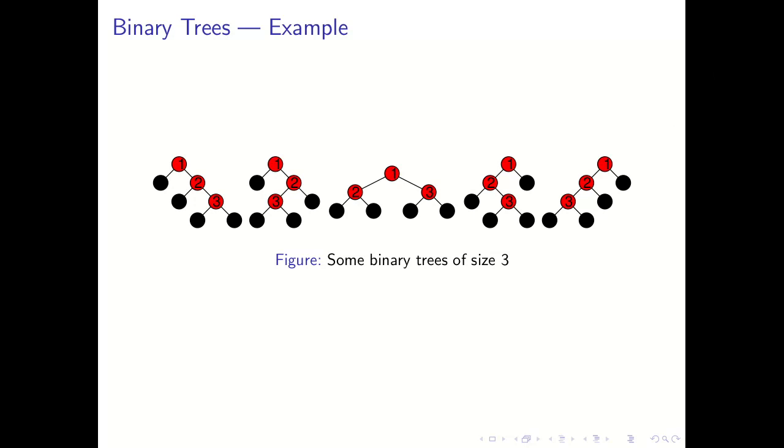So the size in this case that we care about is the number of internal nodes. And these are in fact all of the binary trees of size 3, at least up to relabeling. If I move these labels around, I'm going to refer to these numbers 1 through 3, or 1 through n, as labels.